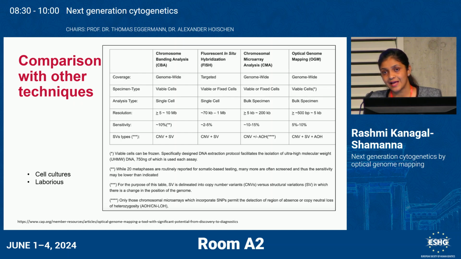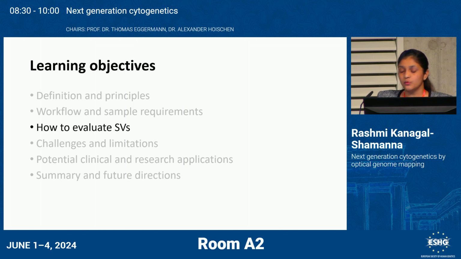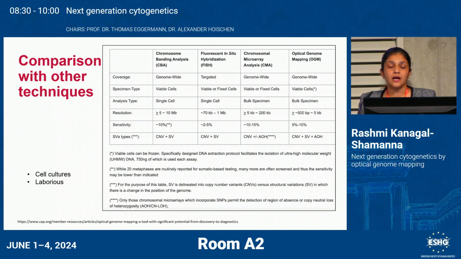Especially in cases of cancer, for example lymphoid proliferation, this has been useful, where it revealed abnormalities that changed therapy. Another point I wanted to make is that, unlike the chromosomal microarray, the OGM is able to detect balanced changes, balanced translocations and inversions.